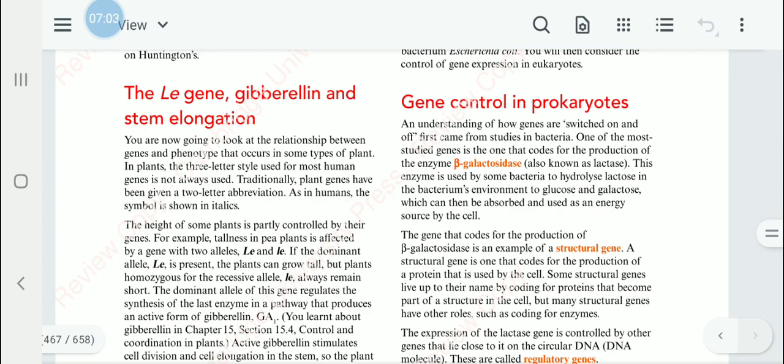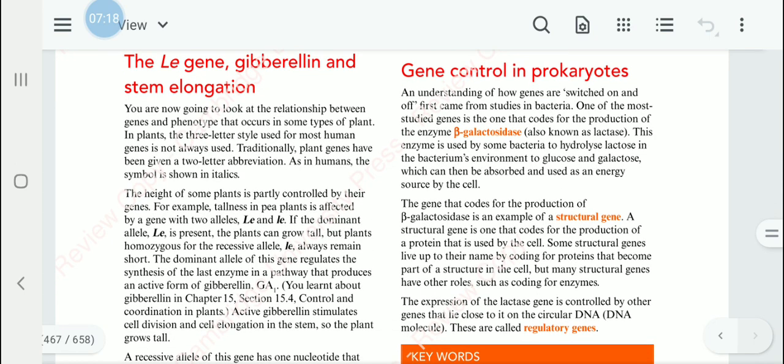The capital LE gene, gibberellin and stem elongation. In plants, genes are identified by two-letter abbreviations, and some qualities of plants are controlled by their genes.